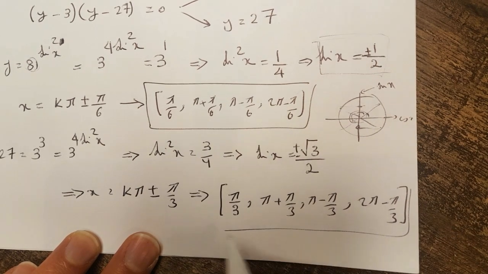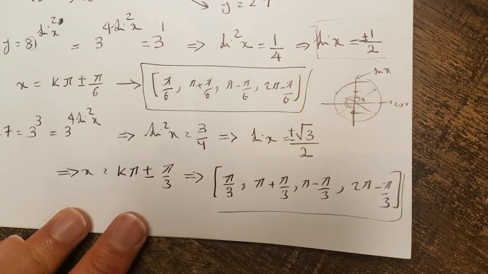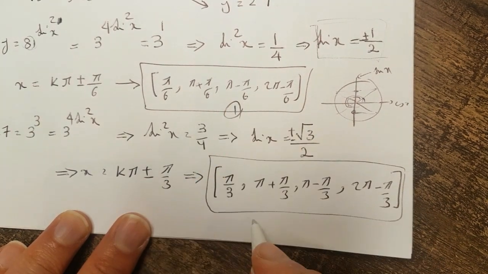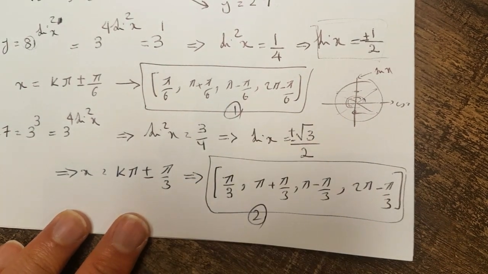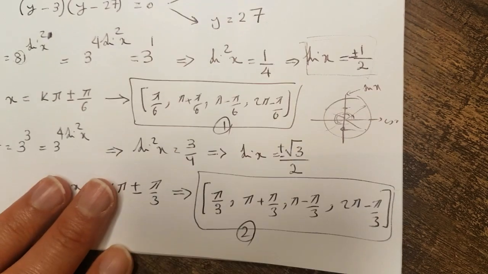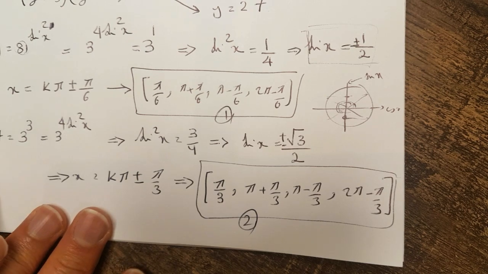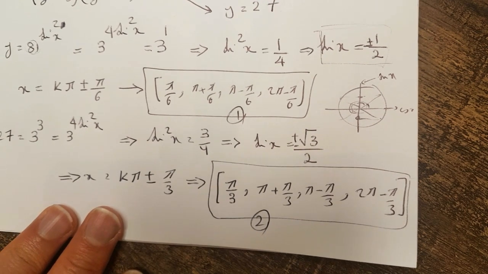So within the range of 0 to 2 pi, we will have 2 sets of solutions, each with 4 solutions, which results in a total of 8 solutions within 0 to 2 pi.